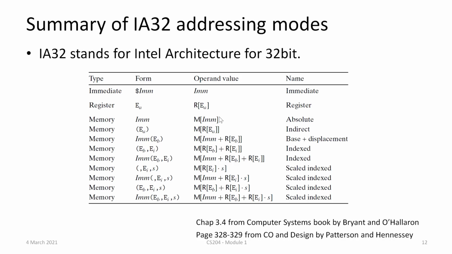Now, to support many complex addressing modes, we need complex hardware. That's why these are supported only in CISC style ISA, where we can afford complex hardware. But in RISC style, we want to keep the hardware as simple as possible, so we have a limited set of addressing modes.